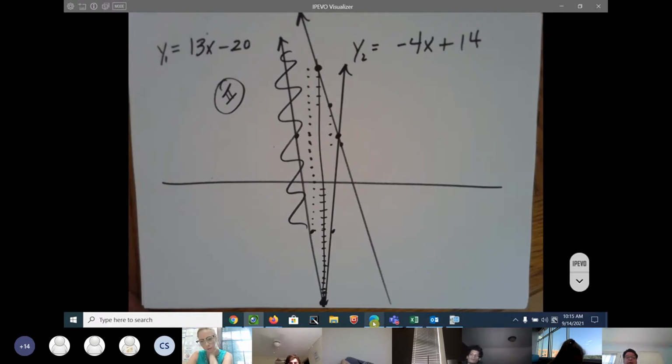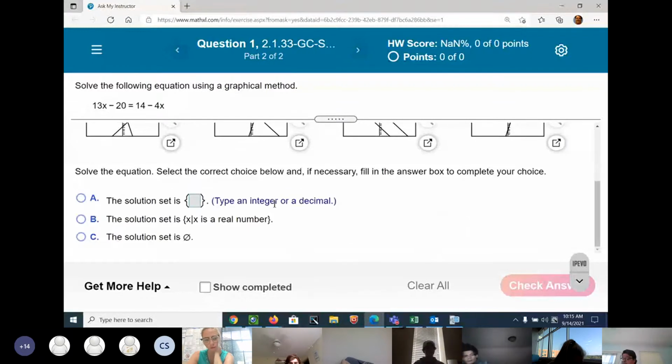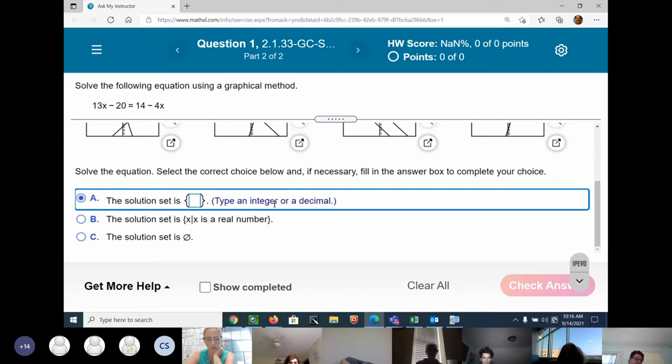So it looks like B, and it says the solution set. Where does it cross? Well, we said if you set them equal to each other, you will find out, and we did. x is equal to 2 is where it crosses, but you got to find that point, so you plug it in, and I found that at the beginning right here.